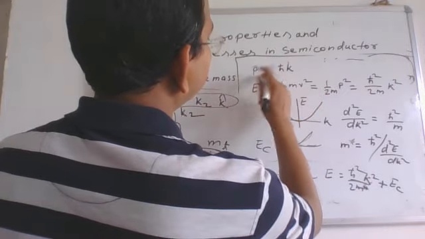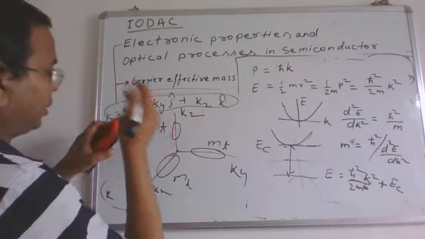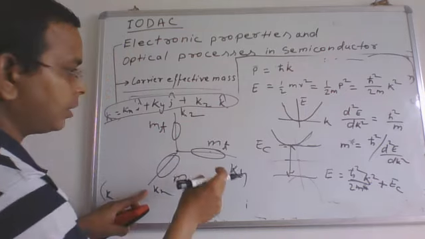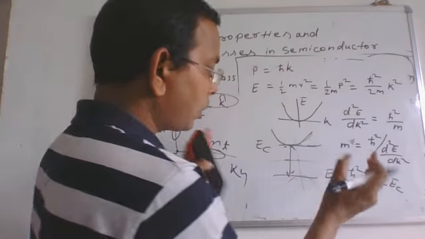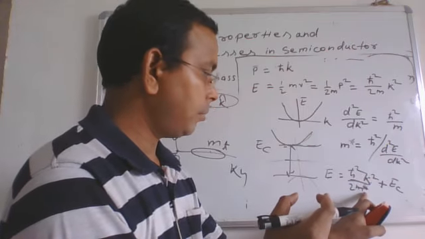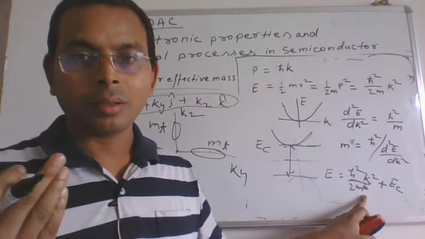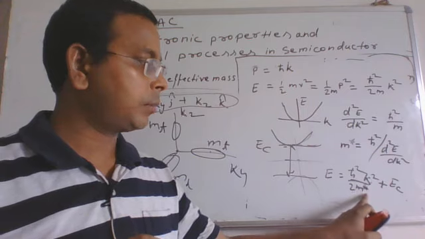See, kx is equal to p by h cut. Since the masses are not the same, k is also different in these three dimensions, and hence the effective mass is the modeling of one vector such that we can divide this by m. It is just like a modeling of all three masses into one mass, so it comes as an effective mass.